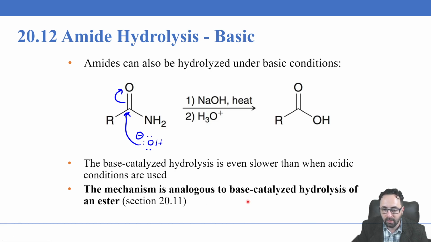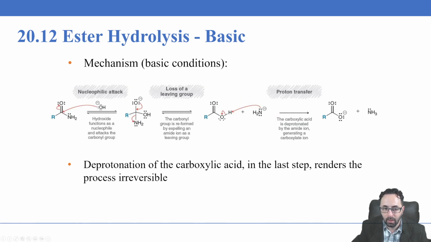So this mechanism is exactly analogous to the base catalyzed hydrolysis of an ester. So we're going to see the same type of thing, the nucleophilic attack by the hydroxyl group. We have then the resonance arrow. As I said before, we have the alkoxide ion. And now in this case, we're not going to have, like we had before, protonation of the amine and its loss as a leaving group that was neutral, as NH3.